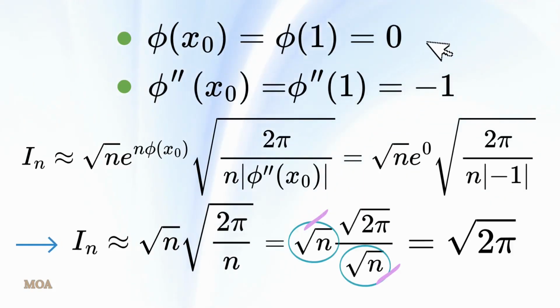Since phi of x sub 0, which is phi of 1, equals 0, and the second derivative of phi at x sub 0 equals negative 1, plug these values into the previous expression.